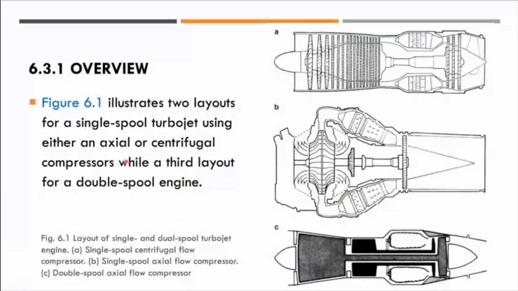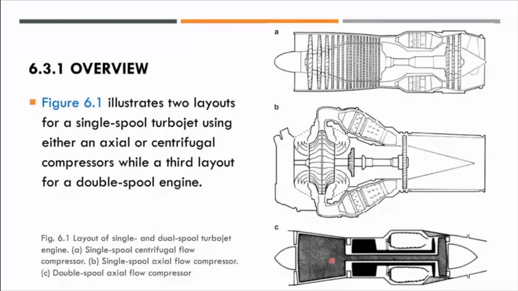If you look at this particular figure, it is a typical schematic diagram of a single spool turbojet engine, right? We can see that this figure illustrates two layouts for a single spool turbojet, using either an axial compressor, this is an axial compressor, okay, and the other picture B is the centrifugal compressor.